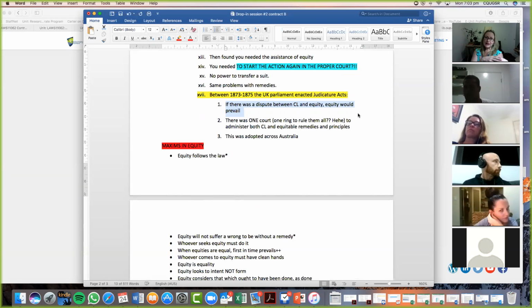But it will only do so if the circumstances are such as to warrant the intervention of equity in those circumstances. So we say that equity's jurisdiction has to be enlivened in order to provide an equitable remedy or apply equitable principles.